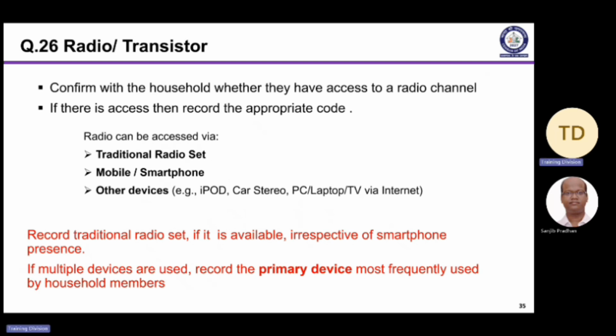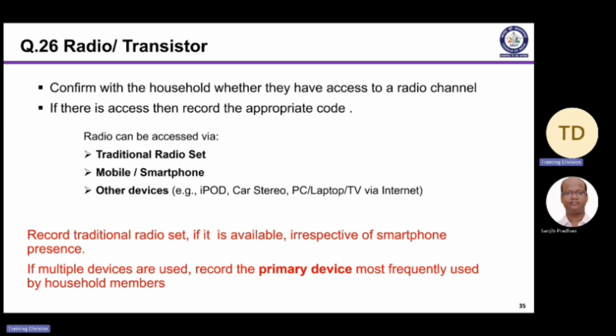Now the first question, radio, transistor. Though it is a question on assets, in my opinion it is a combination of assets and services. A traditional radio set is basically an asset, but listening to radio on a mobile, smartphone or other devices is a service he's accessing.